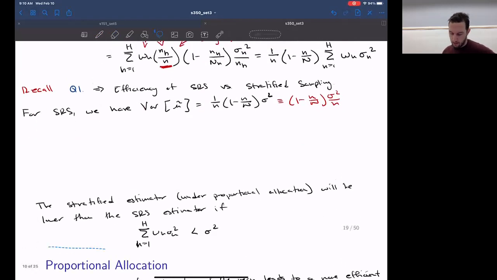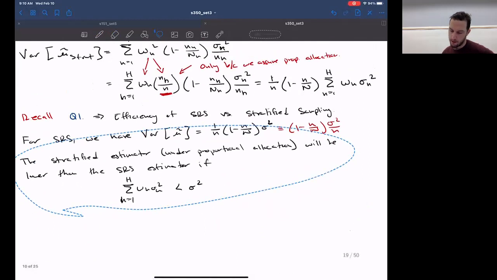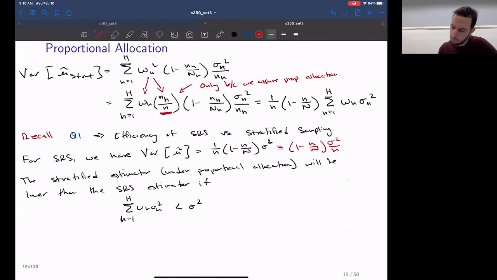So we can see that if we compare what we have derived above under proportional allocation, okay, so if we compare we can call this equation 1 to equation 2, that these formula are effectively identical. So they both have the same leading constant. So they both have 1 over n multiplied by the finite population correction.